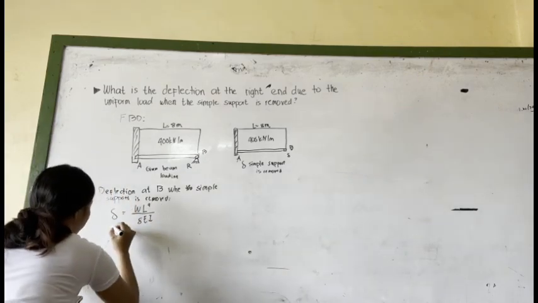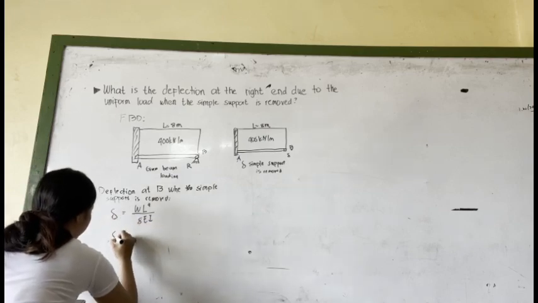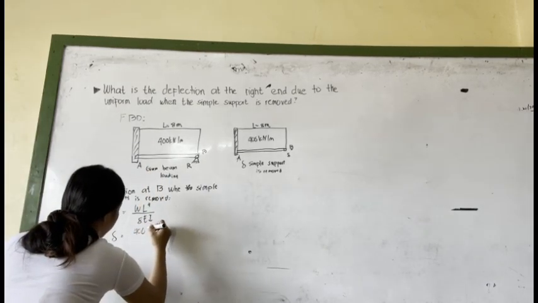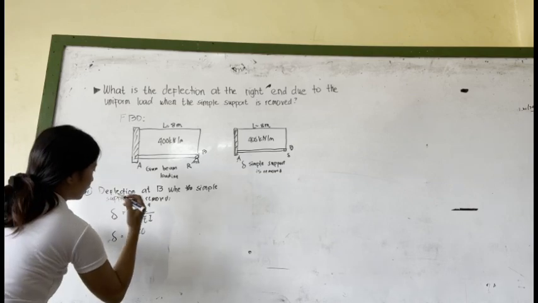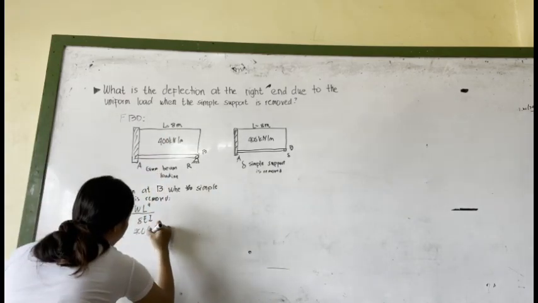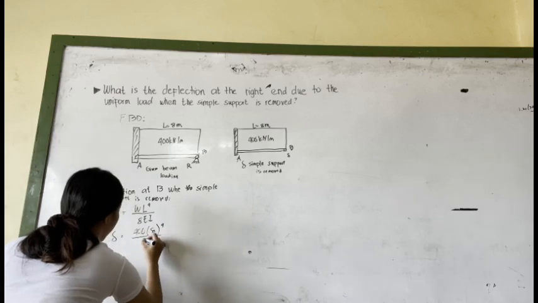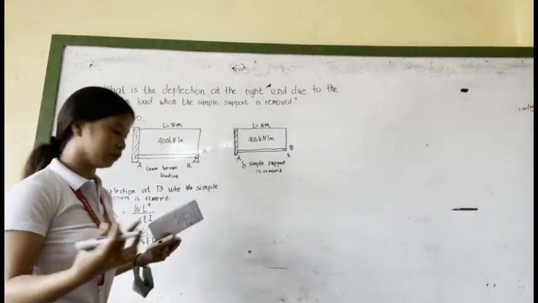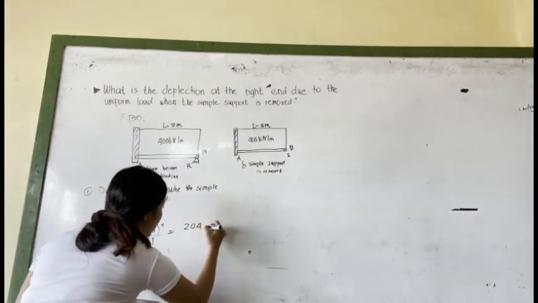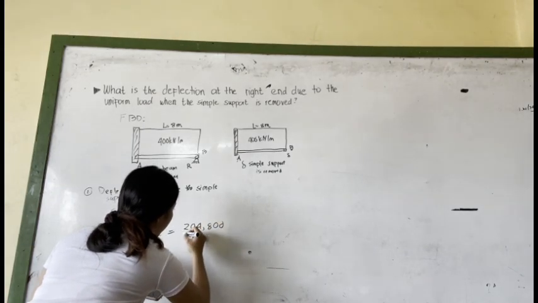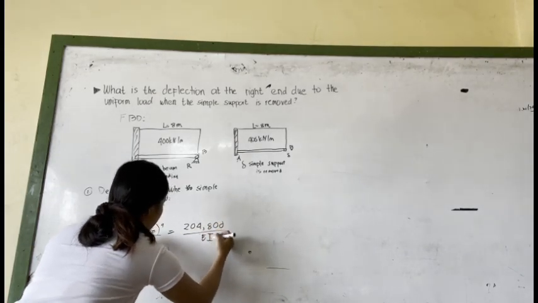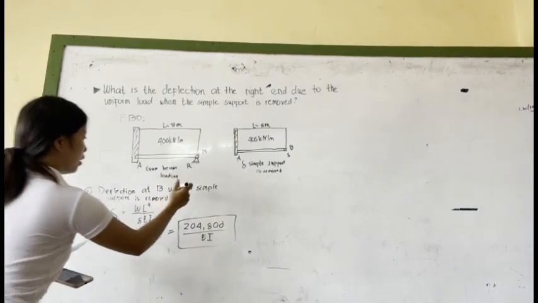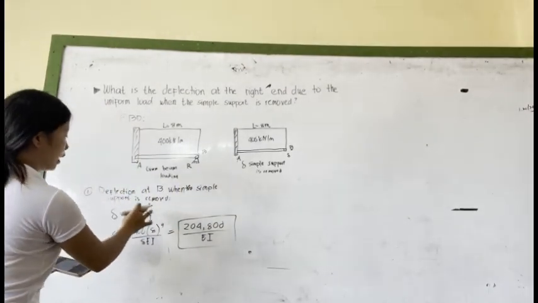And since we will get the deflection, our w here is equal to 400 kilonewton per meter, and our length here is equal to 8 meters, to the power of 4 over 8 EI. So when we calculate it, it will result to 204,800 over EI. So this is our deflection at B when the simple support is removed.